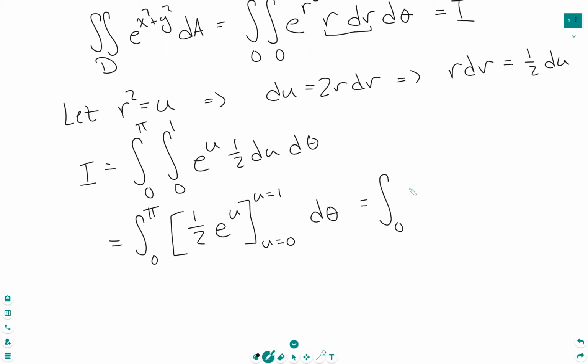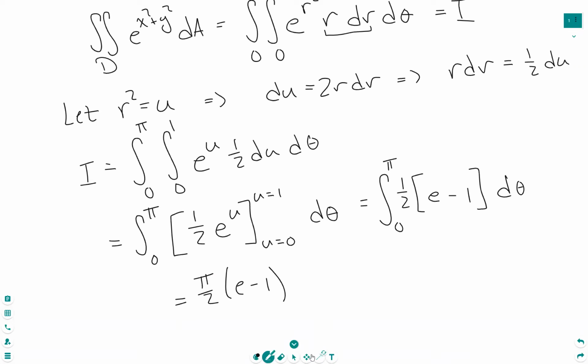Or this is the integral from 0 to pi, 1/2 e to the 1 minus e to the 0, which is just 1, d theta. And we're almost done here. So then we can just integrate this guy. So notice there's no thetas here. So this will just be multiplied by theta, and we're evaluating at 0 and pi. So this ends up just becoming pi over 2 times (e minus 1).